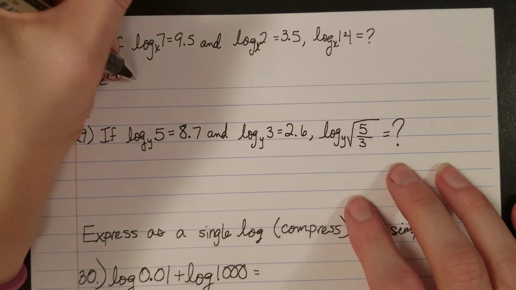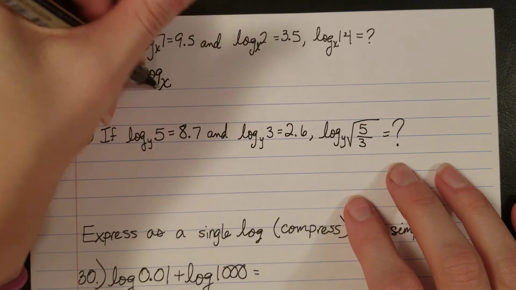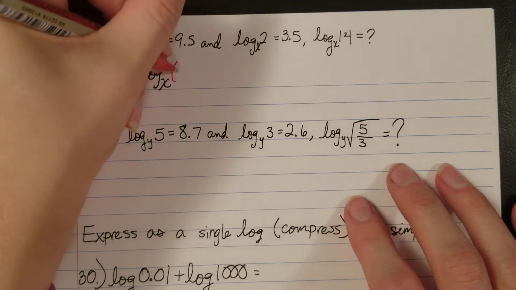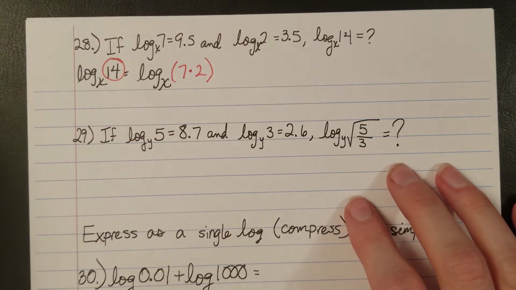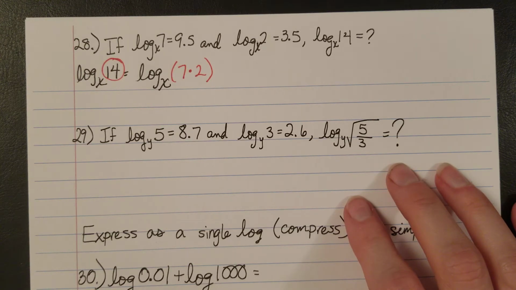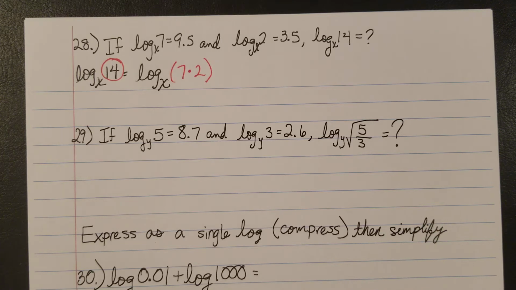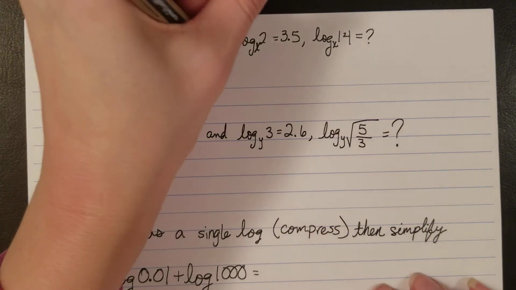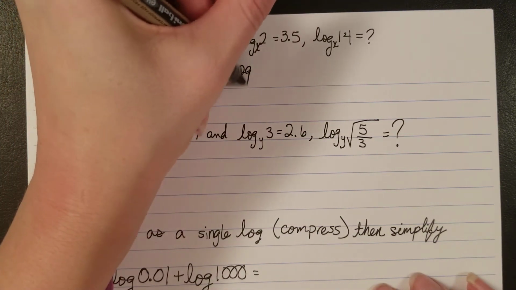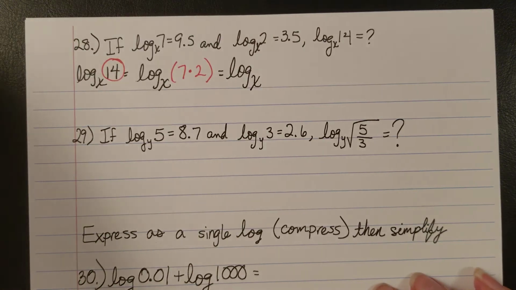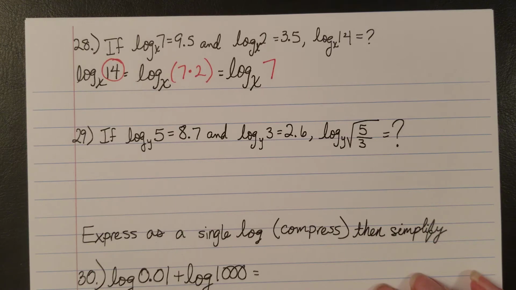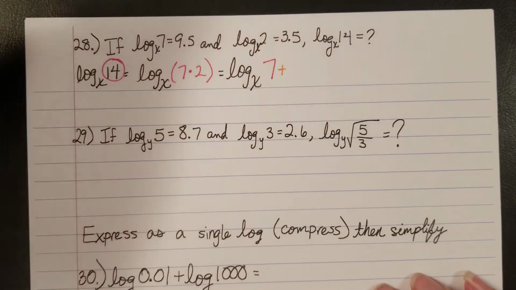All right, so this equals log base x of 7 times 2, right? Well, then we can split that using one of our properties. We can split that into a sum of 2 logs. So that would equal log base x of 7 plus log base x of 2.